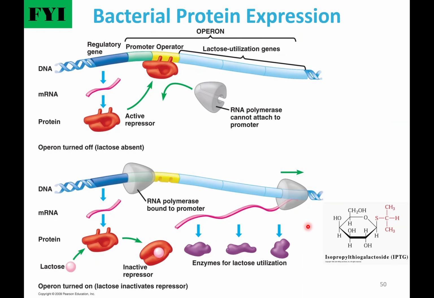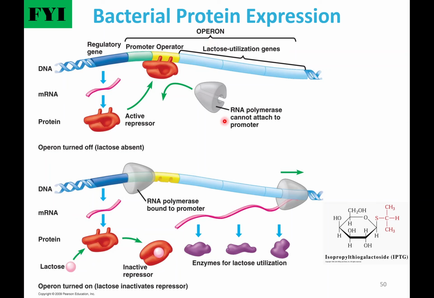A little bit simpler example is here in a bacterial protein expression system, where you have a regulatory gene, a promoter, and an operator region. And then, if this is an engineered plasmid that you put in a bacteria, in this case you have genes that utilize lactose.